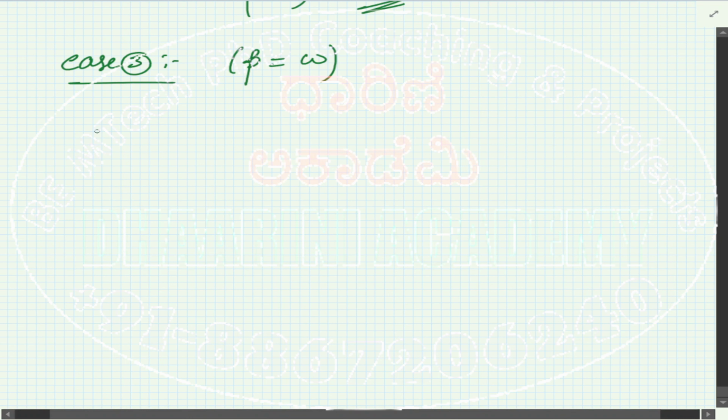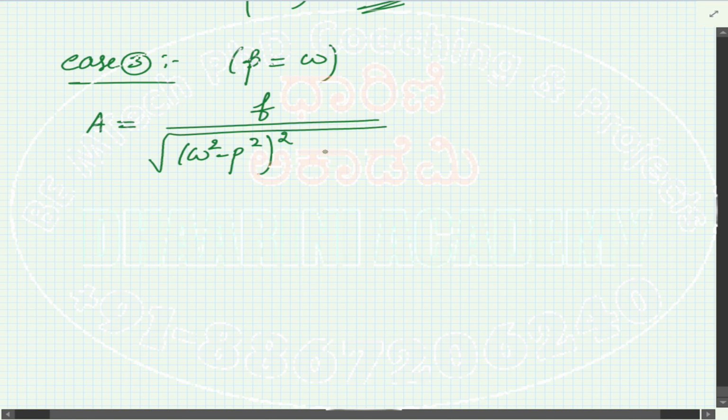Let's start with the equation of A. A was derived as f divided by square root of omega square minus p square the whole square plus 4 times p square into b square. Now they are equal, which means the first term, this whole term, is 0. So we have numerator f divided by, root of 4 is 2, root of p square is p, root of b square is b.